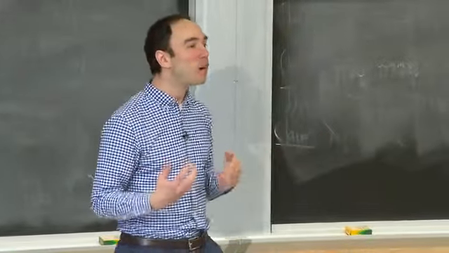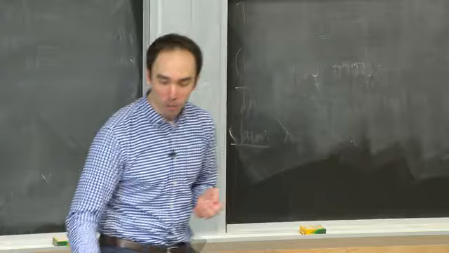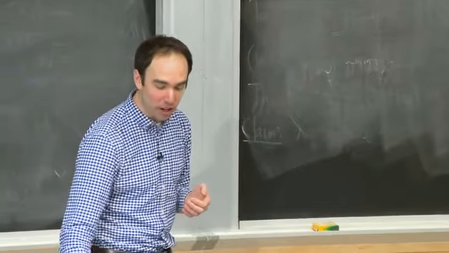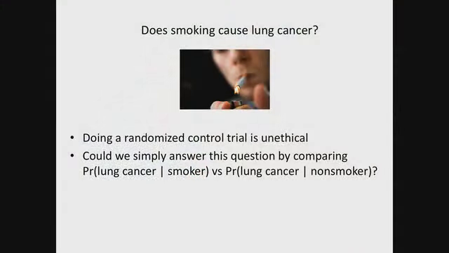And so if we want to try to answer questions like this from data, we need to start thinking about how can we design, using observational data, ways of answering questions like this. And the challenge is that there's going to be bias in the data because of who decides to smoke and who decides not to smoke. So for example, the most naive way you might try to answer this question would be to look at the conditional likelihood of getting lung cancer among smokers and getting lung cancer among non-smokers.